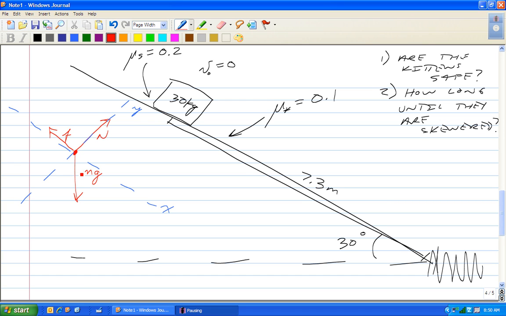Just one, just mg. So I'm going to break mg down into its components. It's got a component along the negative y axis, and it also has a component that is along the positive x axis.